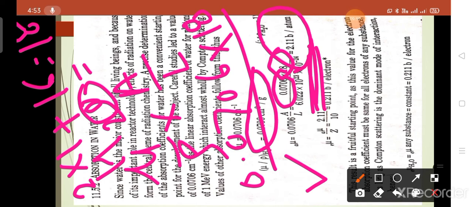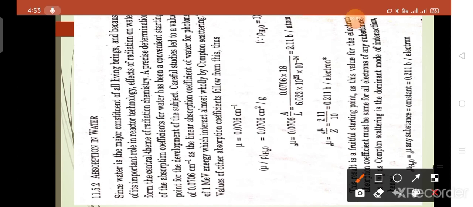So we got the value of the atomic absorption coefficient, 2.11 barn per atom. Then we have to calculate the next one, the electron absorption coefficient, mu e.